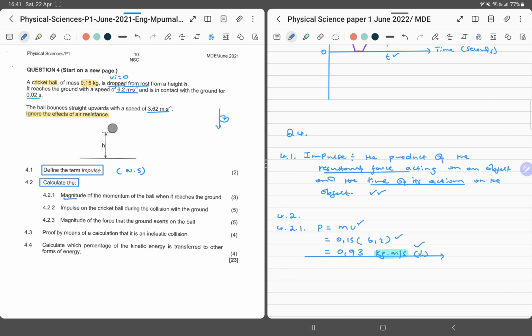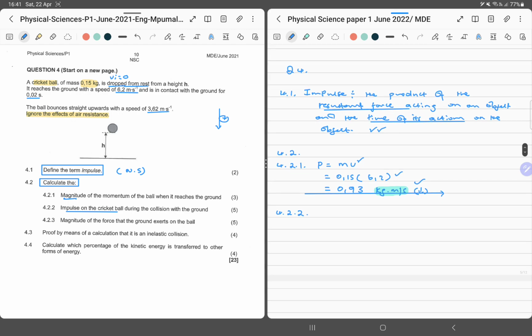Now 4.2.2 says the impulse on the cricket ball during the collision with the ground. Okay, so we know that impulse, F delta t, is basically the object's change in momentum. Easy. This implies that F delta t is equal to, now what is the change in momentum?